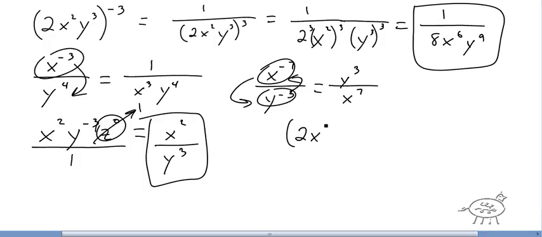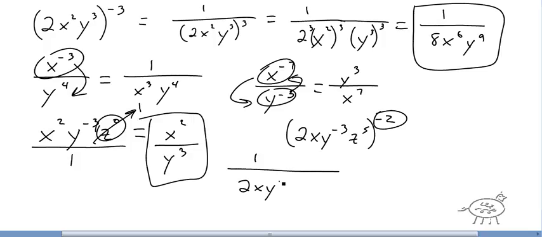(2xy to the negative third z to the fifth), and we're going to raise that to the negative second power. That's actually kind of a complicated problem. What I would do is take that negative 2 exponent and make it positive. So I'm going to do this: 1 over (2xy to the negative 3 z to the fifth) to the positive 2 power.